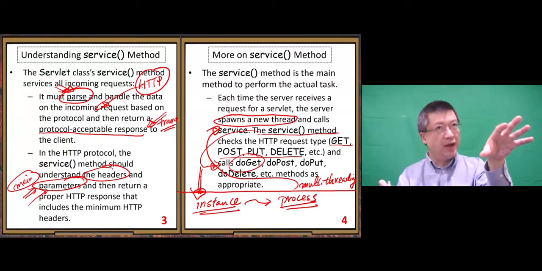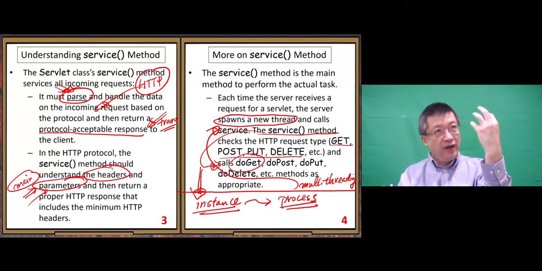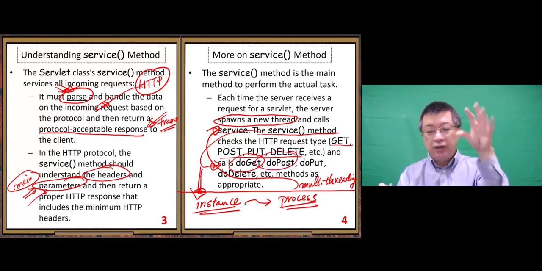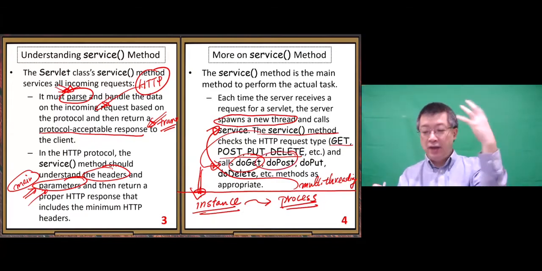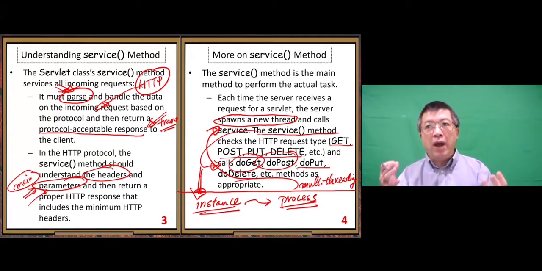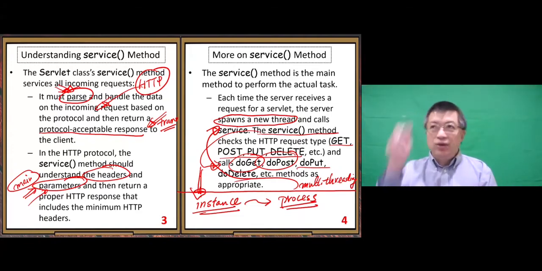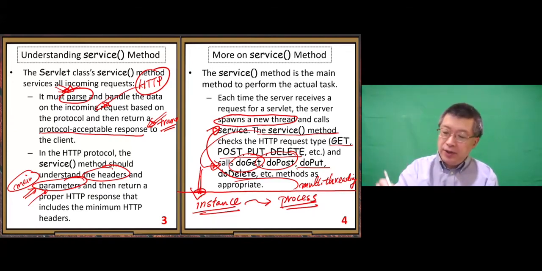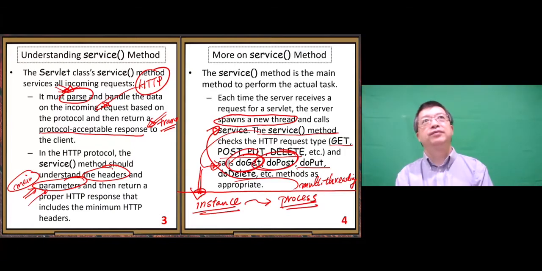If it's a post method, it calls the doPost method, and so on. We as programmers need to write the data processing code inside the doGet method or doPost method. That's our job.